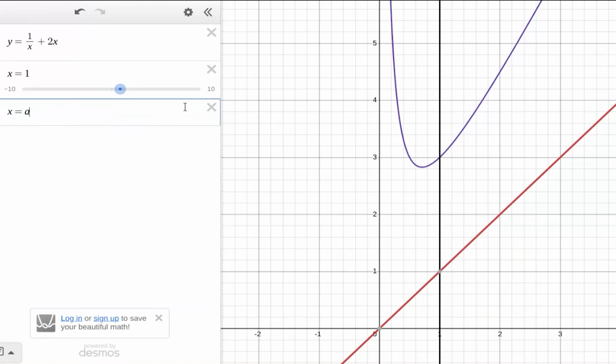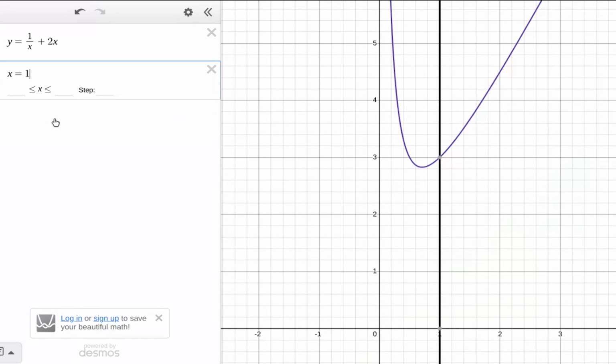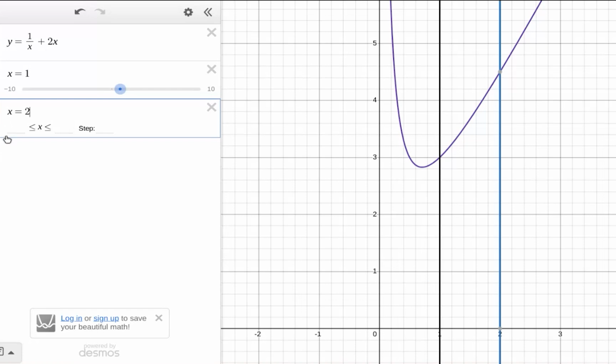Why is it not letting me? Yeah, it just doesn't like any of them. So that's okay. Let's just let it be 2 for now, but we know that we can change this value. Yeah, that's kind of weird. I don't know why it's not letting me create a slider for a here.